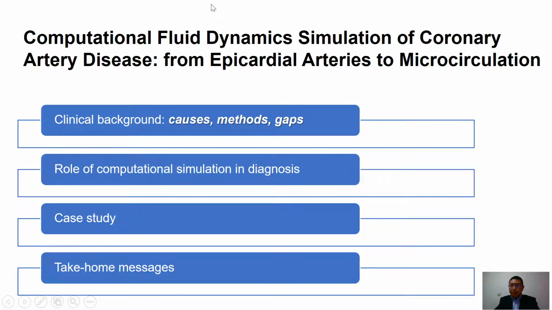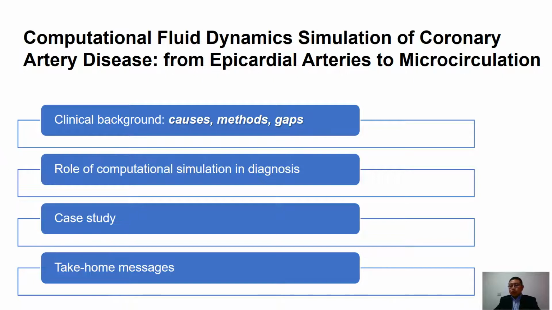So, in this presentation, first, let's review the clinical background, including the causes, diagnostic methods, and research gaps in clinical practice, by which we will understand some details about myocardial ischemia and the related diseases in coronary circulation, which include both coronary artery disease and coronary microcirculation dysfunction.